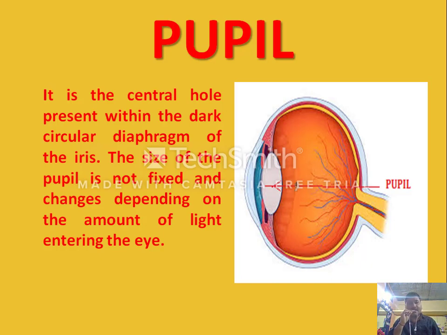How is it done? It is done with the help of a special type of muscle, the iris. This circular diaphragm is called the iris. With the help of the iris, the size of the pupil can be changed.